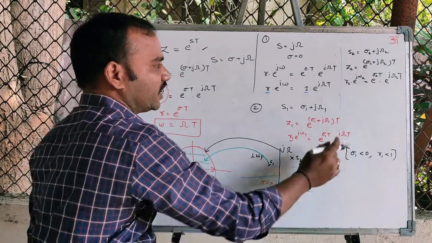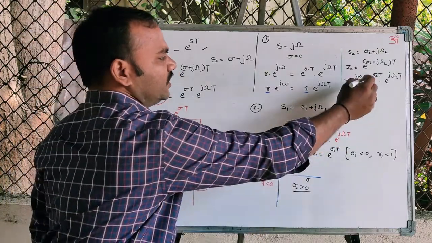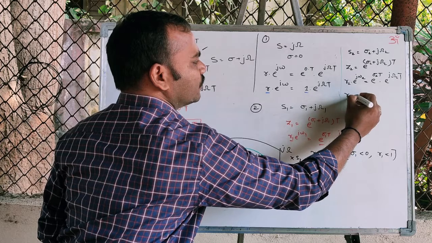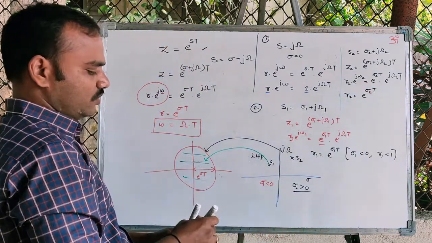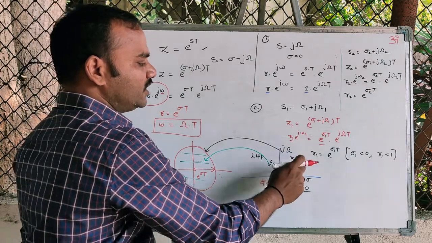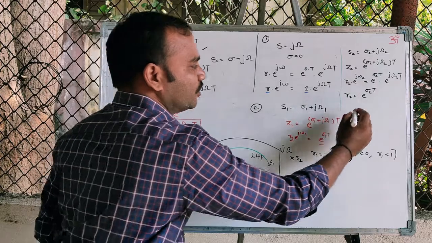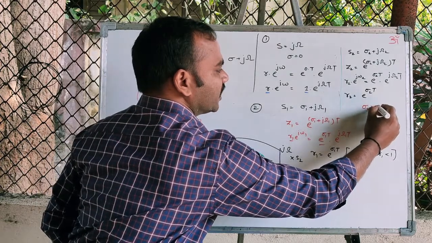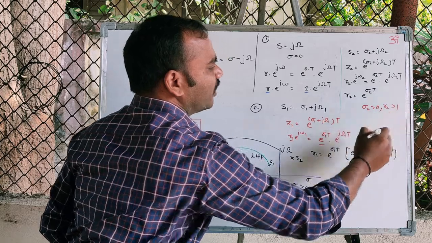That is, we are considering σ2. So σ2 should be greater than 0. So with this, the radius is r2 = e^(σ2 T). Now, as the pole is in the right half of the s-plane and the condition is σ2 greater than 0, whenever σ2 is greater than 0, then definitely the r2 value is greater than 1.